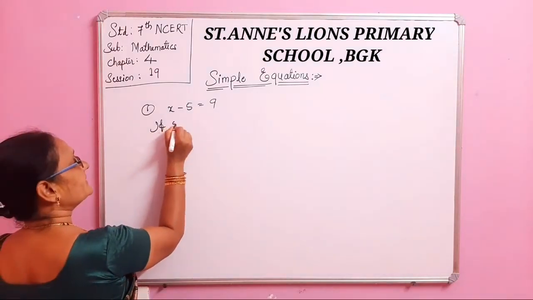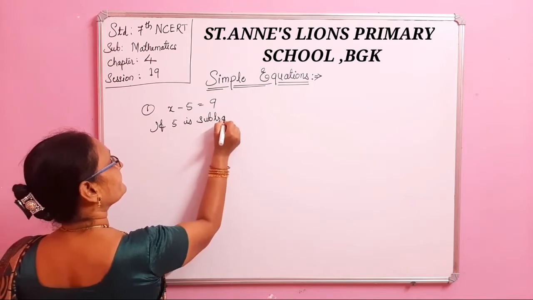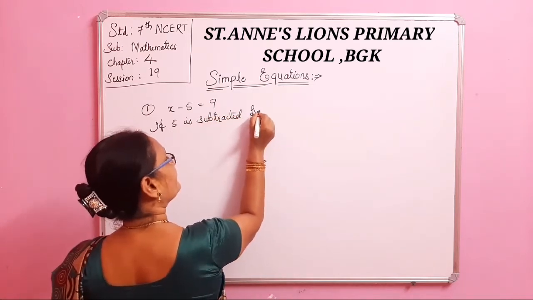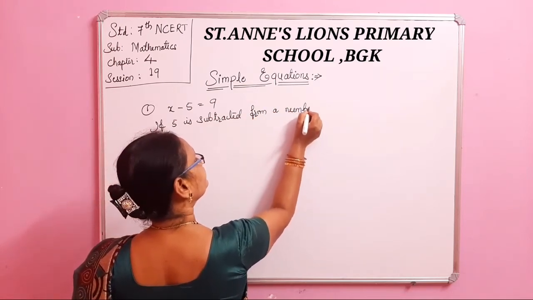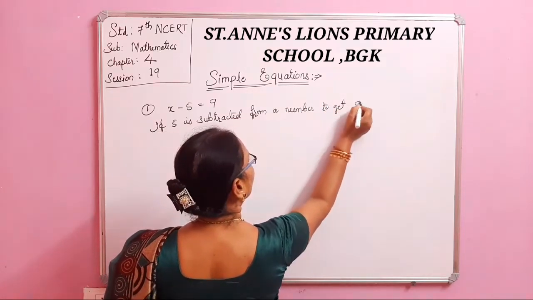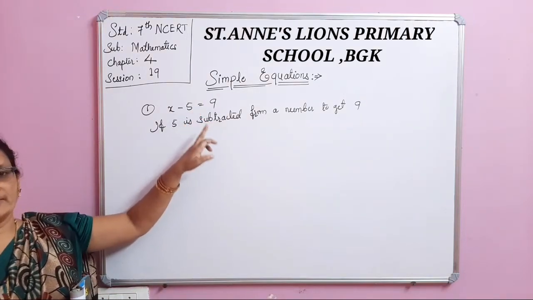If 5 is subtracted from a number to get 9. This is the equation. Now we have written the statement.